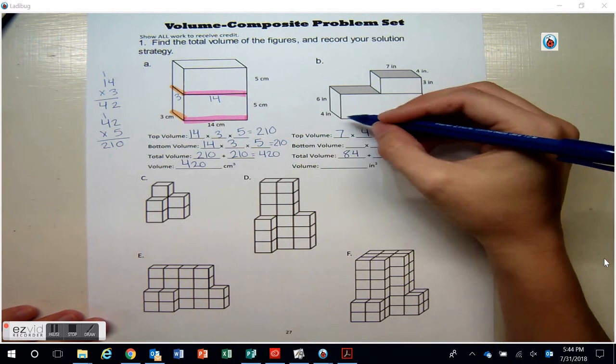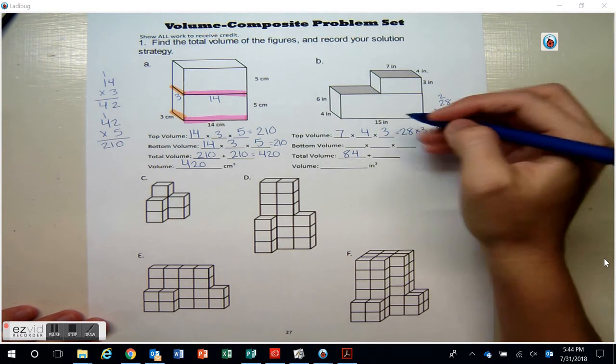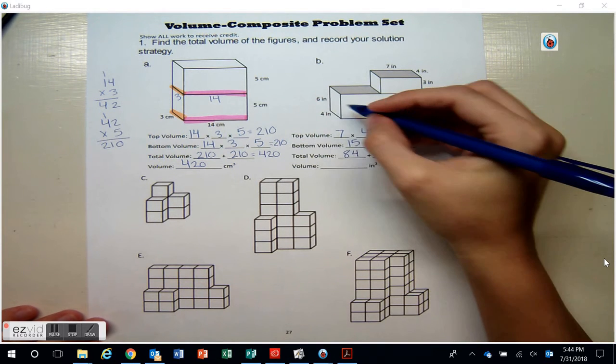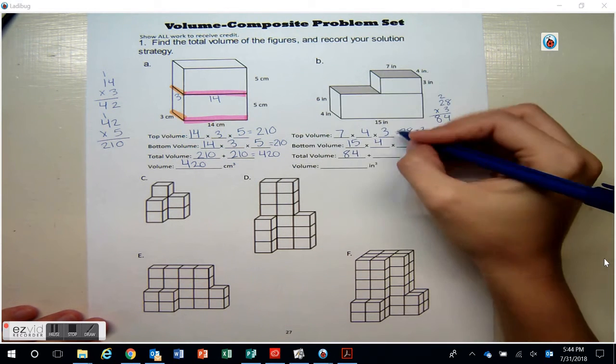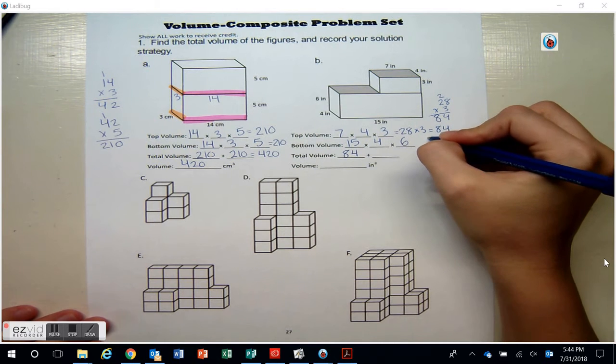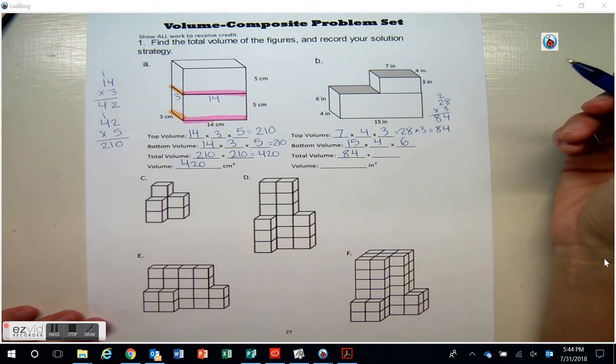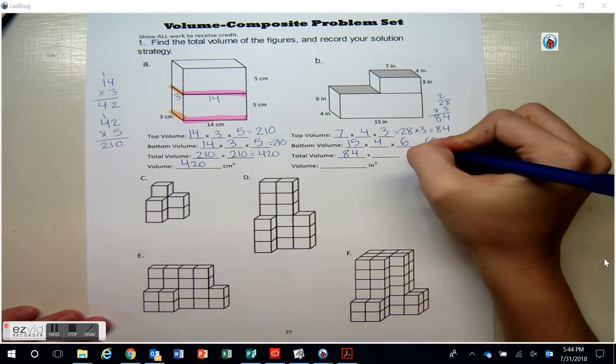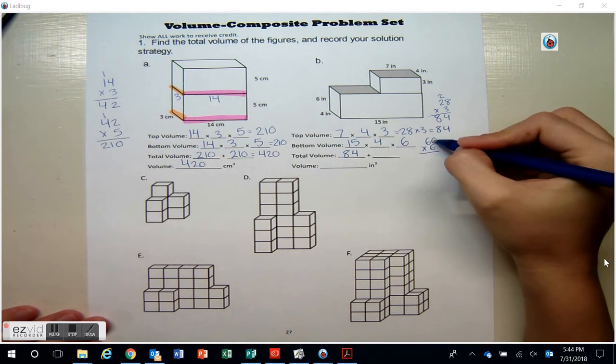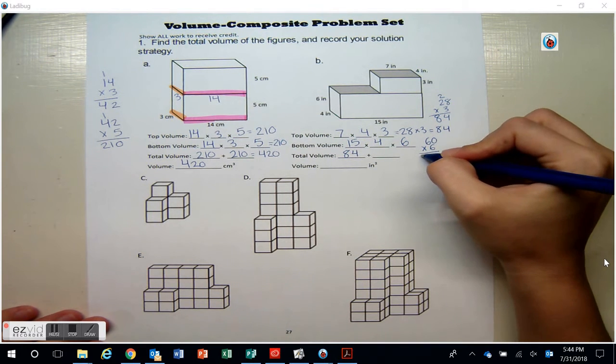For the bottom, we have a length of 15, a width of 4, and a height of 6. 15 times 4 I happen to know because of time is 60, and 60 times 6 is 6 times 0 is 0, 6 times 6 is 36.